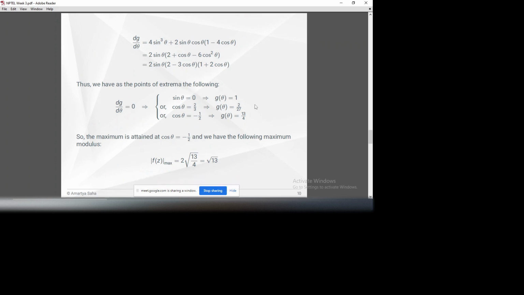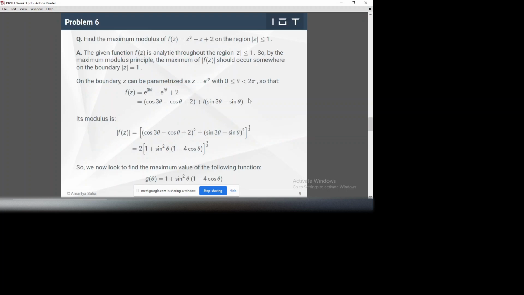Whichever is the maximum will correspond to the maxima of the function. So if we put sin θ equal to 0 here, we get g(θ) equal to 1.